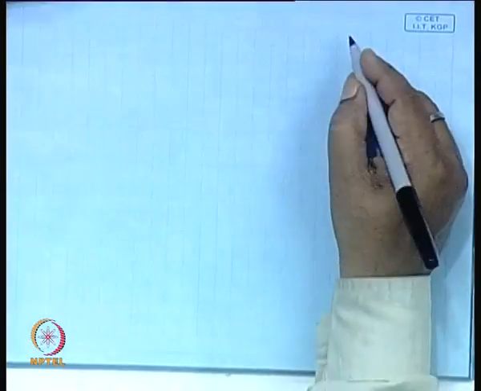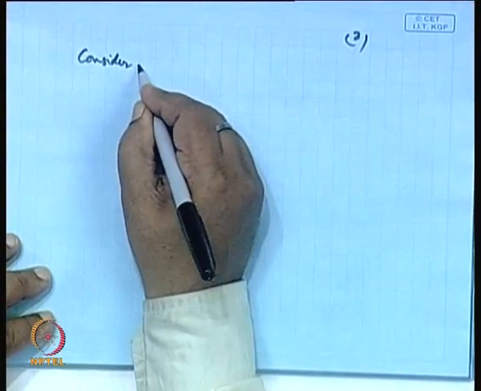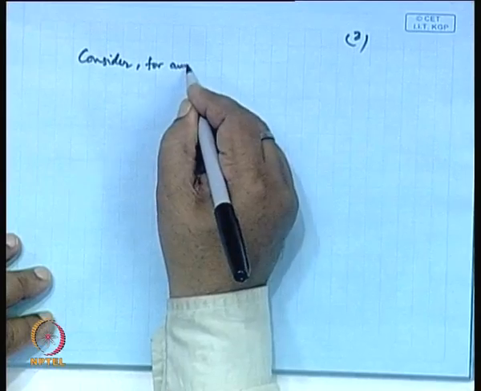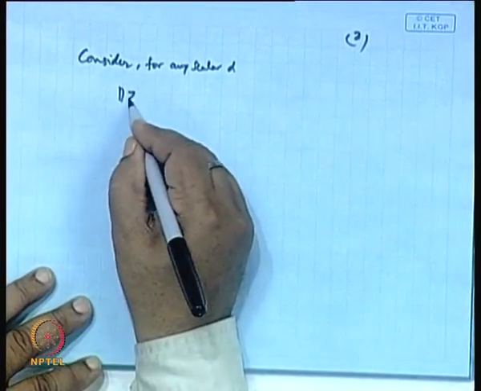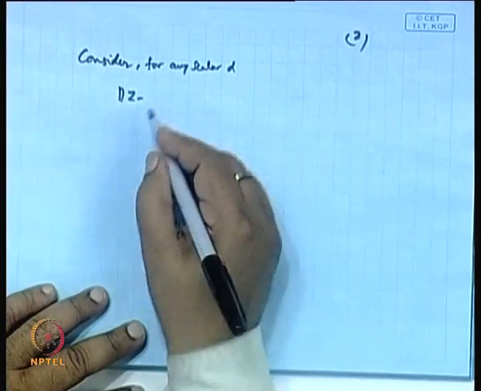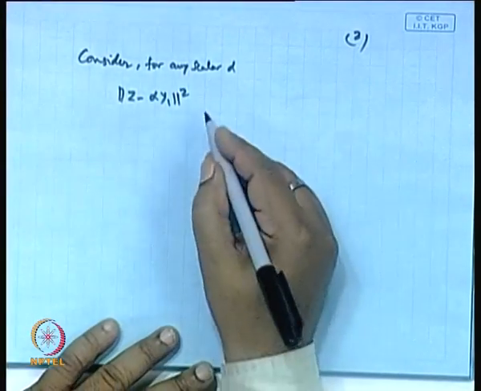Now, consider for any scalar alpha the norm of Z minus alpha y1, whole squared.